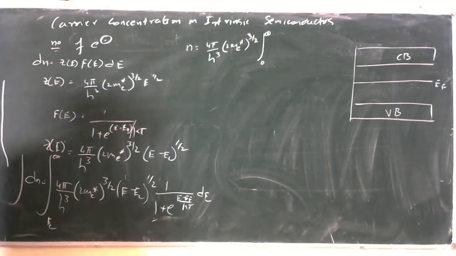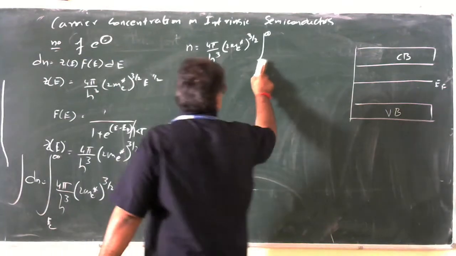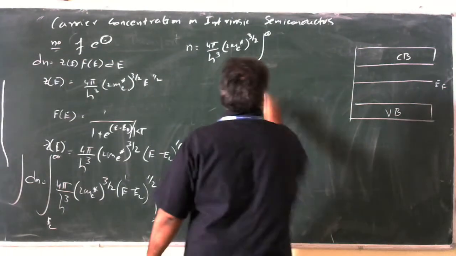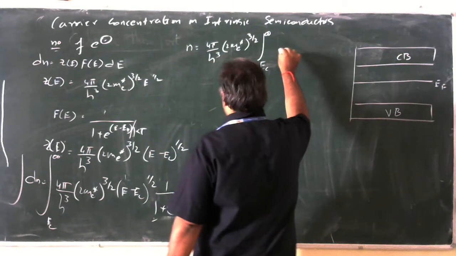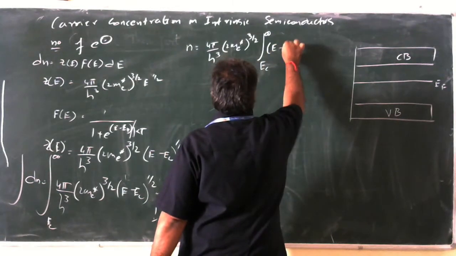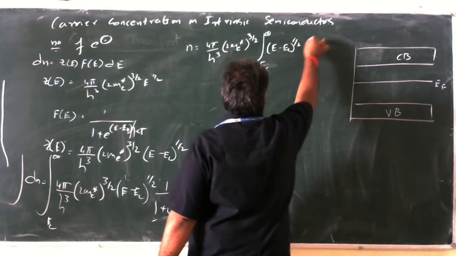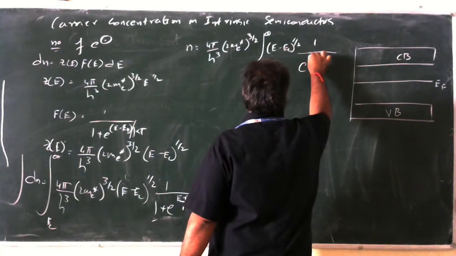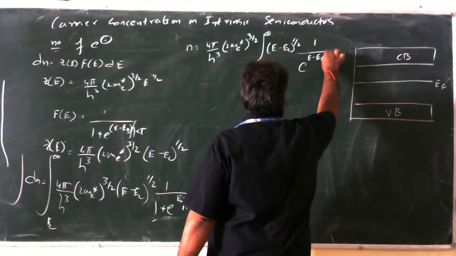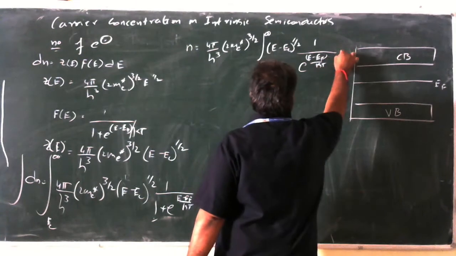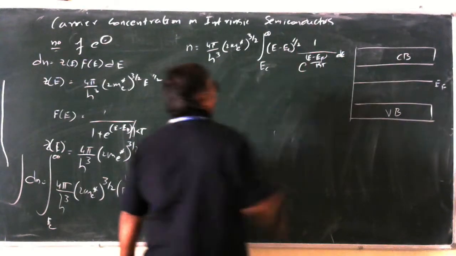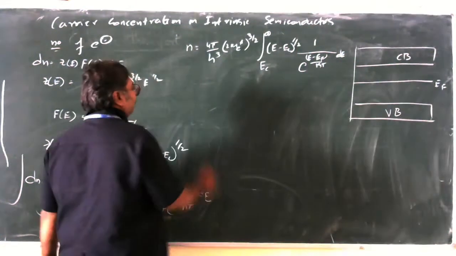Integral from Ec to infinity, where Ec is the conduction band's energy level, of (E minus Ec) to the power 1/2 times 1 by exponential of (E minus EF) by kT into dE. Now let us take this to the numerator. When we take this to the numerator, what are we going to get?